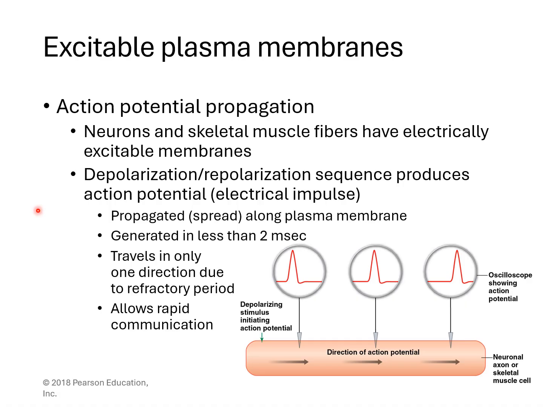So what is happening here? At the plasma membrane, an action potential has to propagate. Neurons and skeletal muscle fibers have electrically excitable membranes, so you get depolarization and repolarization. If you remember those terms, depolarization is when it gets positive, repolarization is when it gets negative again, and then it goes back to resting membrane potential.